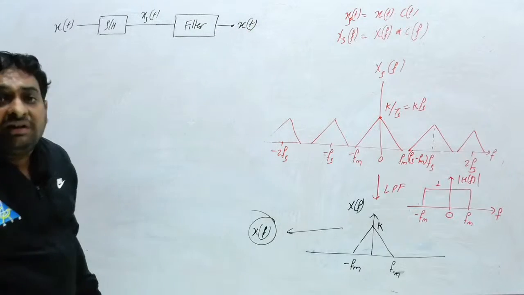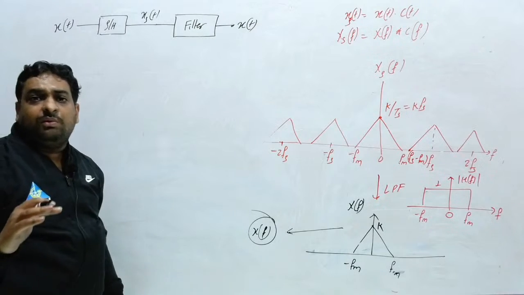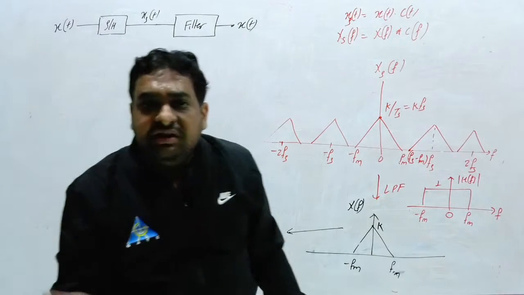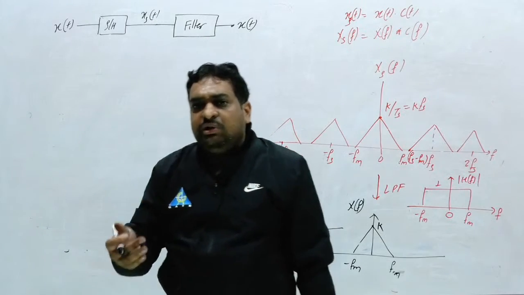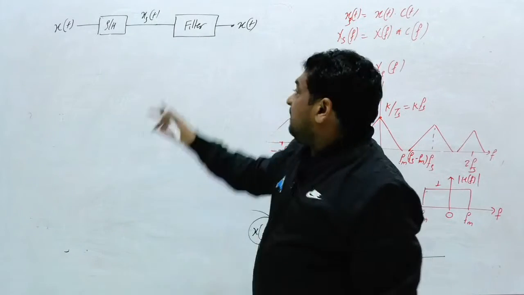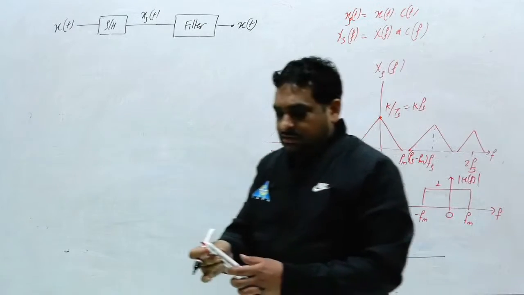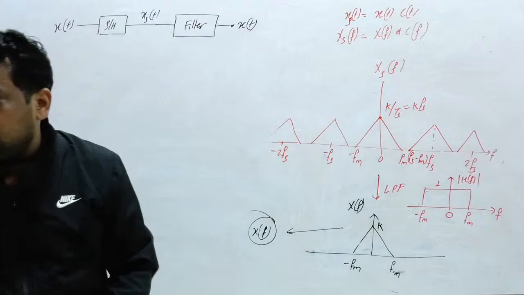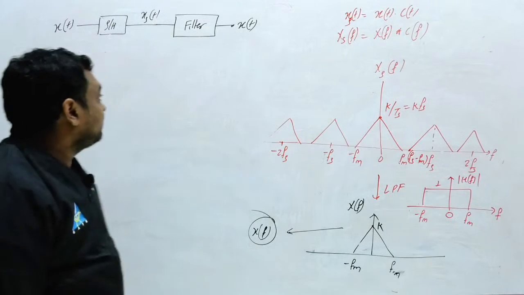But in the general real world, after the sample and hold circuit, we convert analog to digital, and the digital signal is transmitted to the receiver side, where a digital to analog converter is used, and then again we should pass it through the filter.